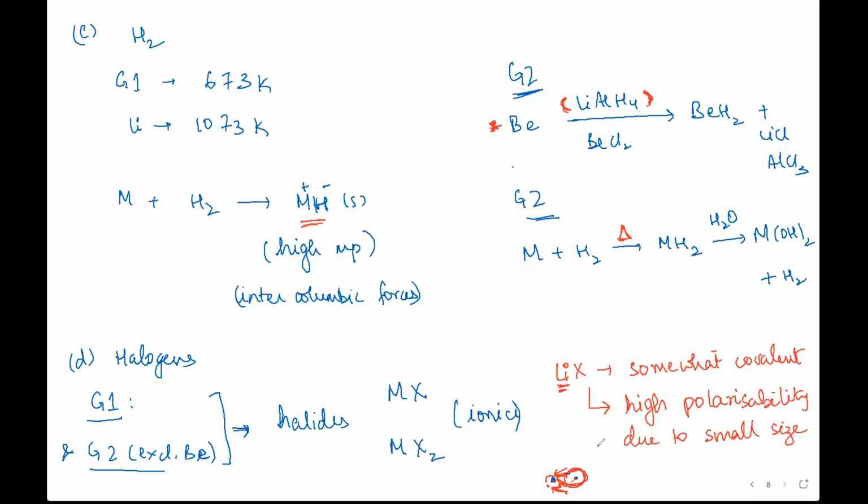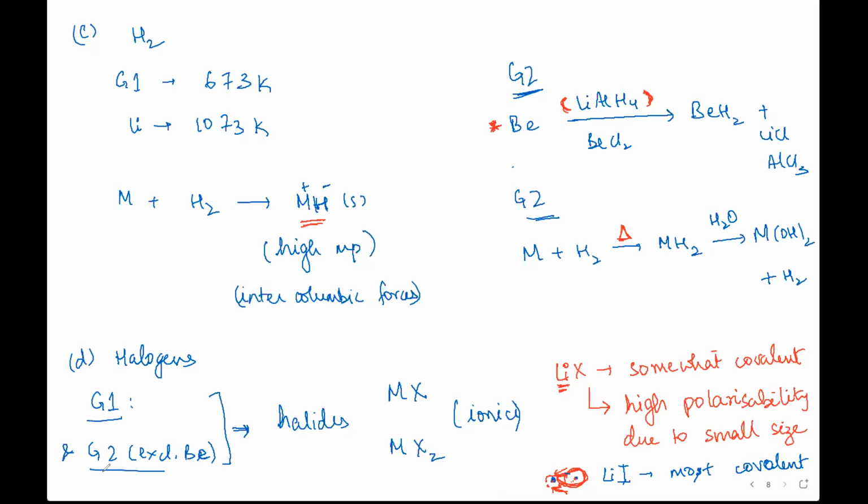Due to these two factors, lithium iodide is the most covalent compound out of all the metal halides. So maximum covalency is shown by lithium iodide because of the small size of lithium and the large size of iodine.